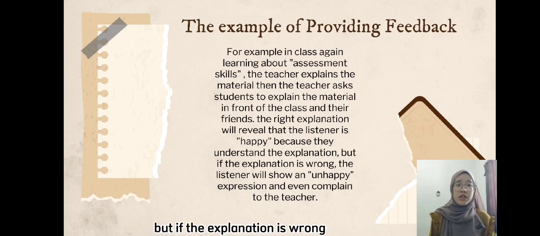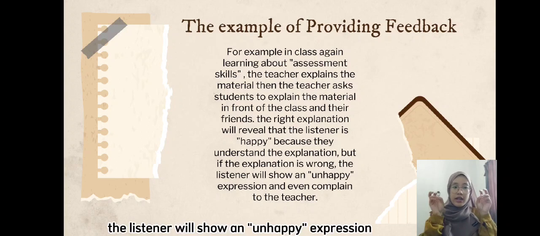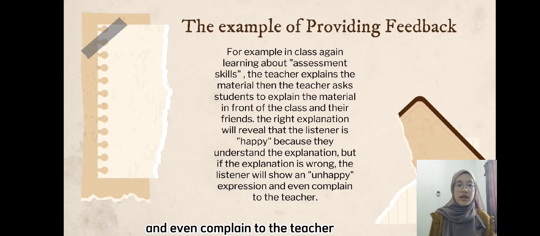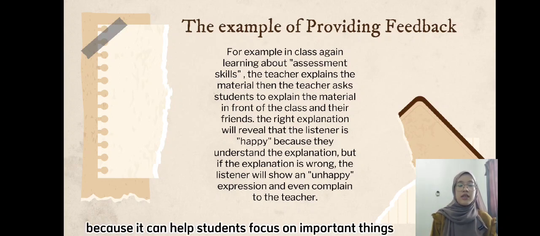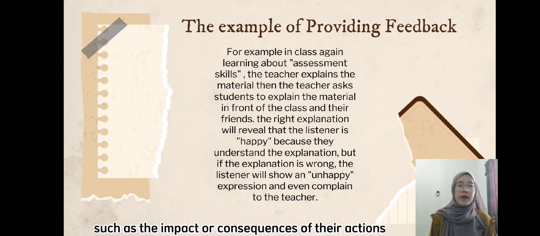But if the explanation is wrong, the listener will show an unhappy expression and even complain to the teacher. This type of feedback is considered more effective because it can help students focus on important things such as the impact or consequences of their actions.